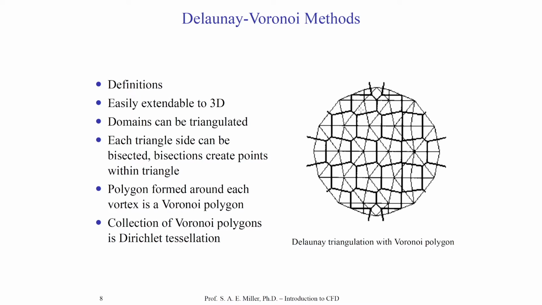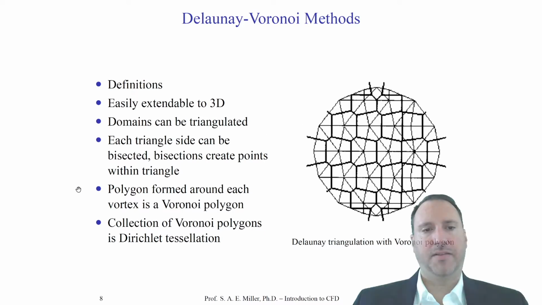Then, of course, we can draw lines from the cell center of each triangular element to the center of each neighboring triangular element. These are the so-called Voronoi polygons, which I've listed in point 4 on the left. A collection of the Voronoi polygons is the so-called Dirichlet tessellation, named after the mathematician Dirichlet. He's also the namesake of the boundary conditions which you learned in your differential equations course.